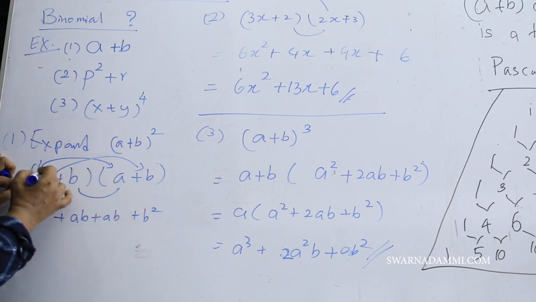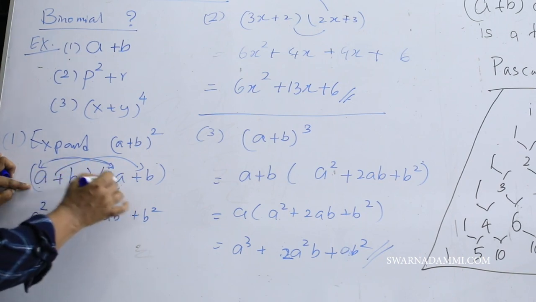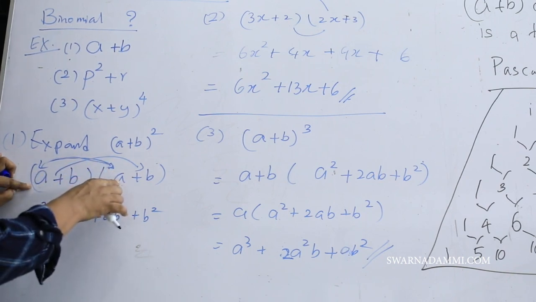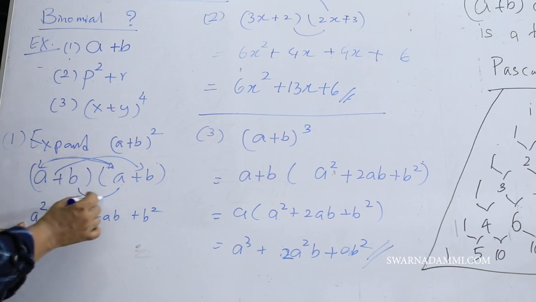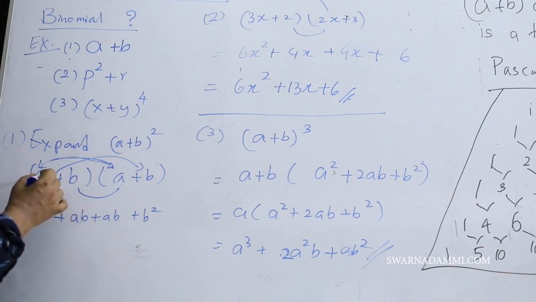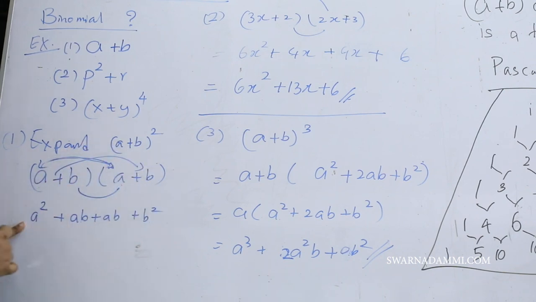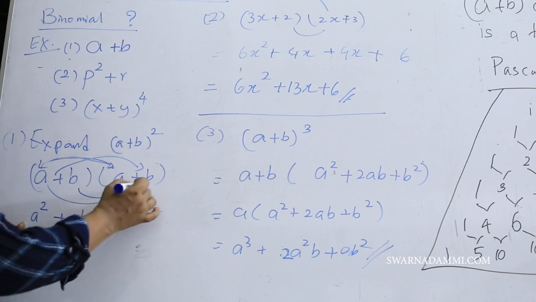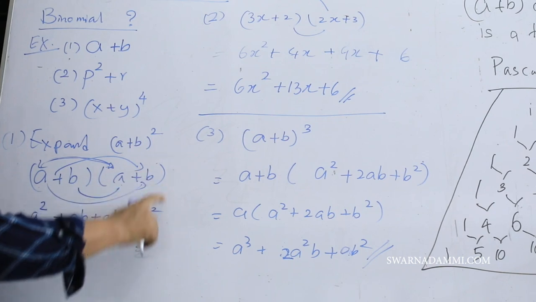Here you can see a here, a here. a multiplied by a is a squared. And b multiplied by a, ab. And b multiplied by b, b squared. Again, a multiplied by b, ab. Understood? a multiplied by a is a squared. b multiplied by b, b squared.